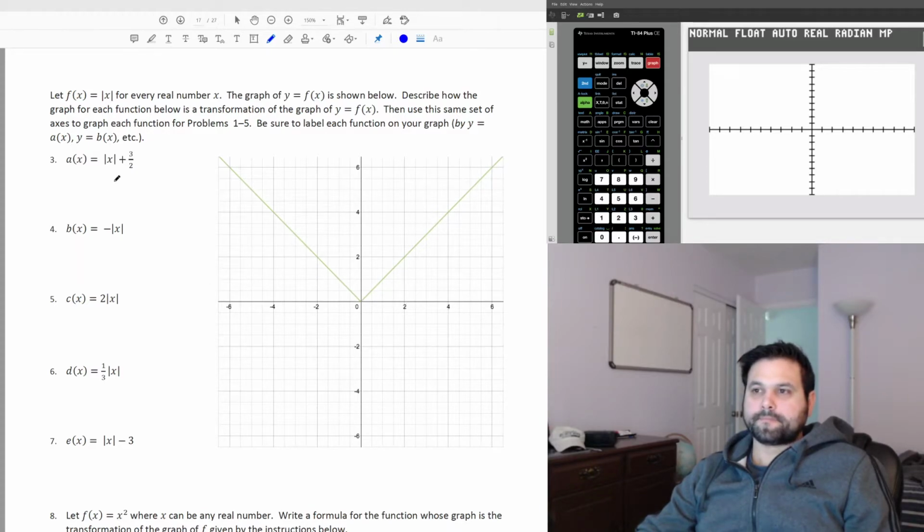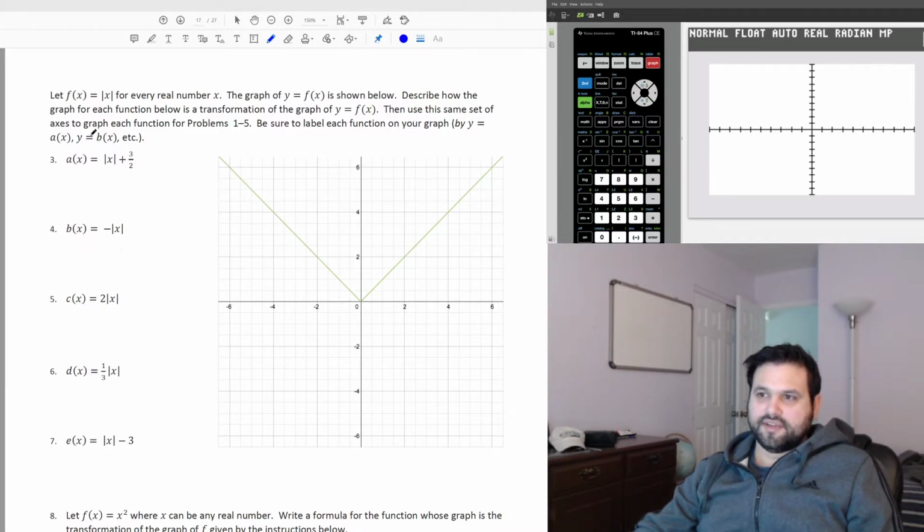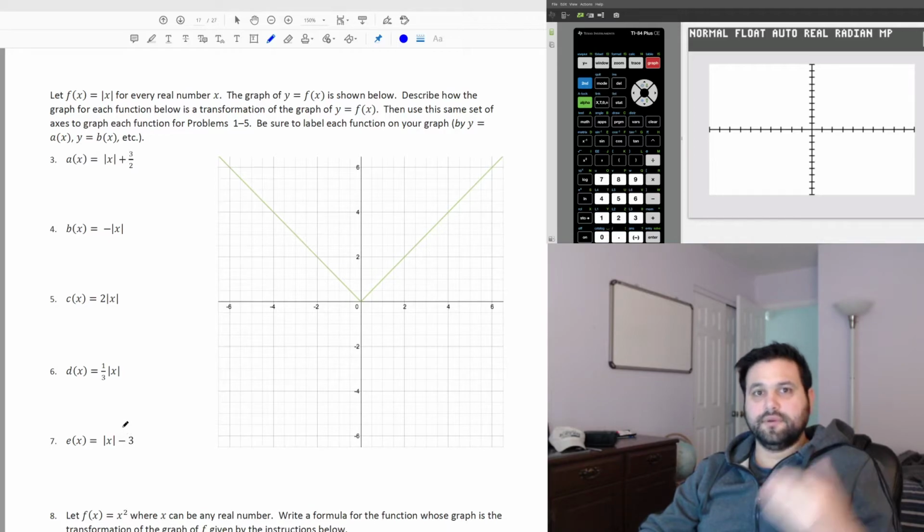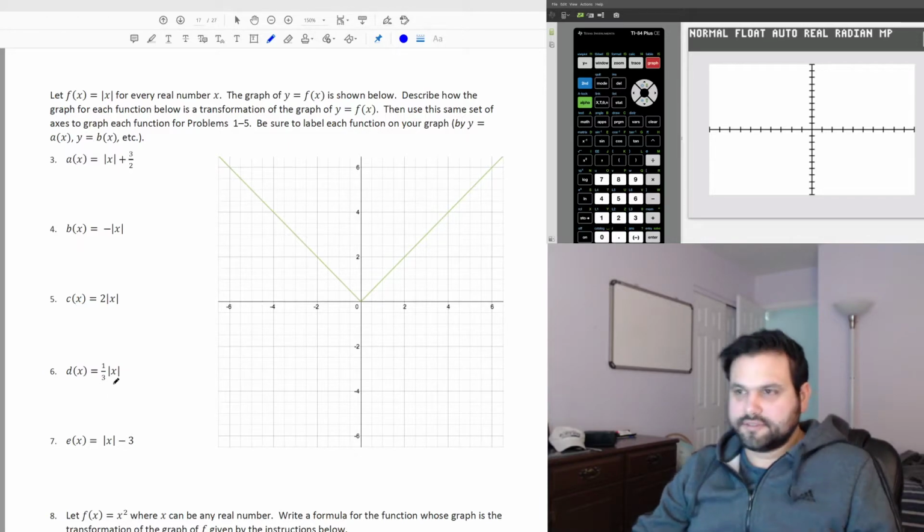What we're going to do is first describe these transformations, questions 3 through 7, and then we're going to graph those and label them. So first, go ahead and write down what those transformations are, just like we did on the previous page. And then I'll show you how we're going to graph those.